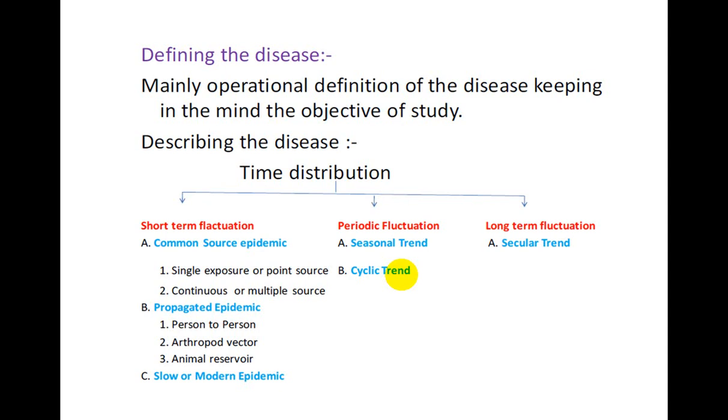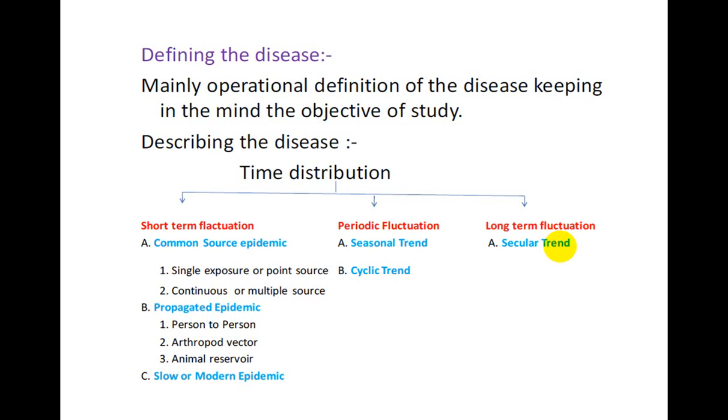Number 3, this one is the long-term fluctuation, secular trend. The term secular trend implies changes in the occurrence of disease, that is progressive increase or decrease, over a very long period of time, generally several years or decades.